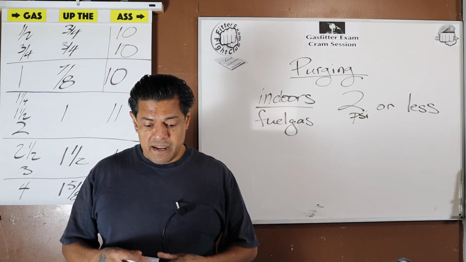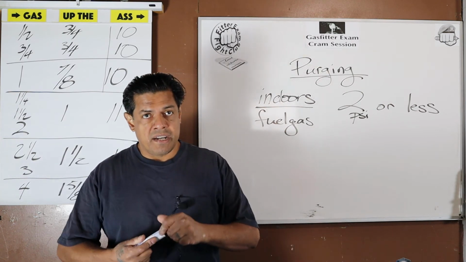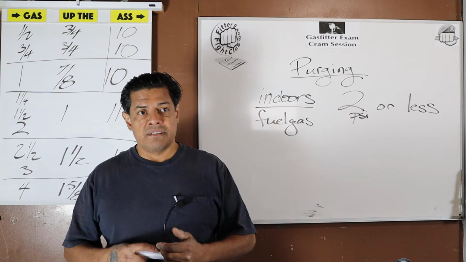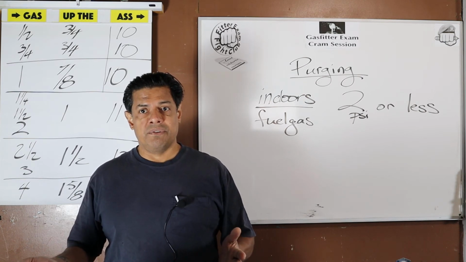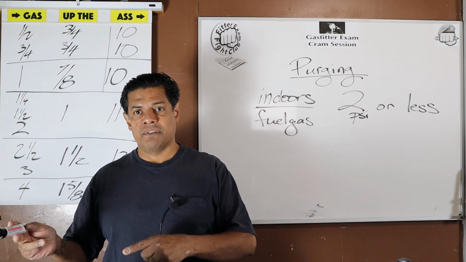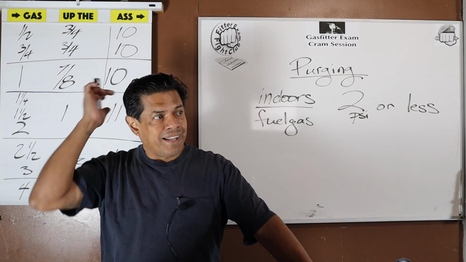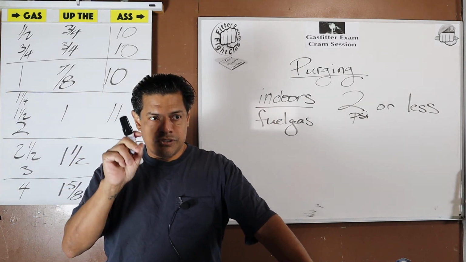Locations must not have unions. Okay? No unions. And we said unions are kind of easy. There's really only one place we're allowed the union, and that's after the appliance shutoff valve. We're not allowed a union after the lockable supply valve.